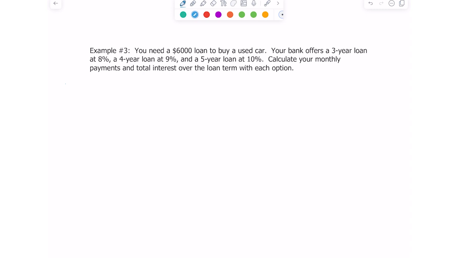Okay, so I'll start you off here. So let's start with the 3-year loan. So we know y is time, right? y would equal 3. And the APR is 8%, which we know is 0.08. Okay, we're going to do that along with the 4-year loan, which is 9%, so 0.09.